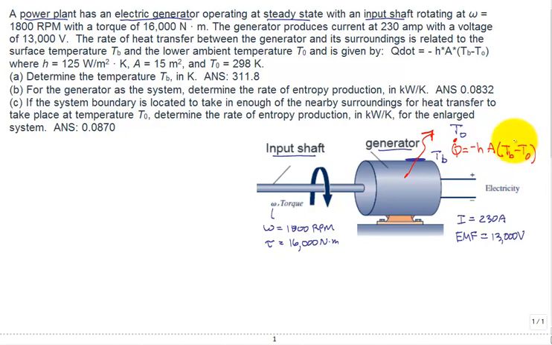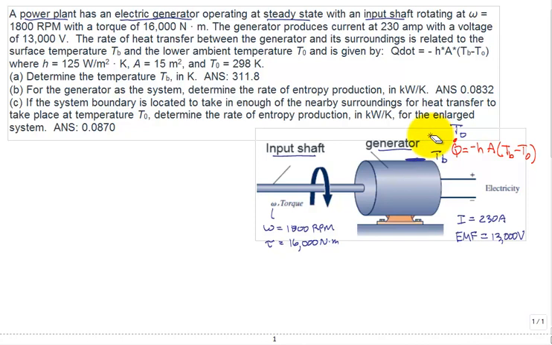So they put the negative in there because the direction would be into the generator, but we know that the generator is going to be hot if it's running, not cold if it's running, and so the direction will actually be out into the surroundings. So I'm going to just get rid of that negative sign and take ownership. We know the direction of the heat transfer.